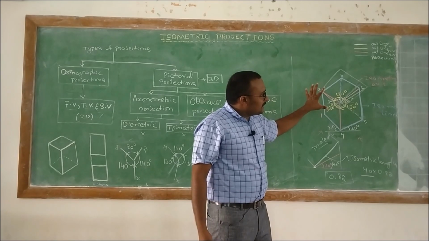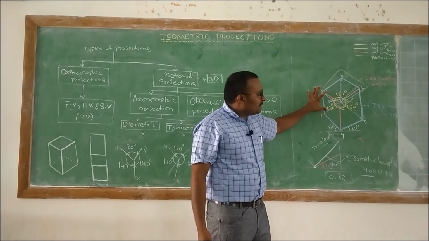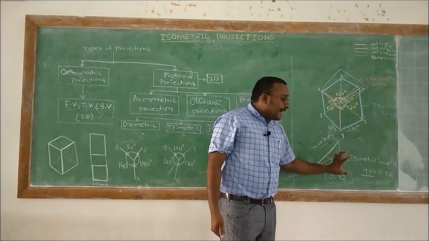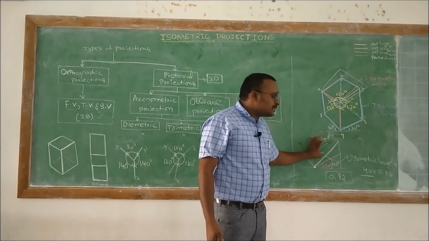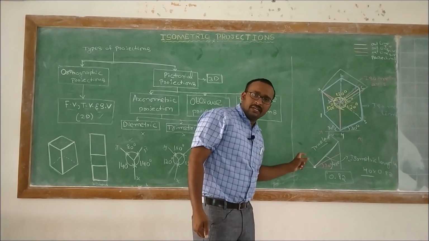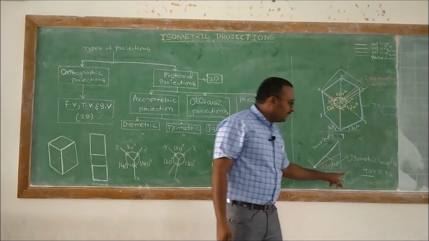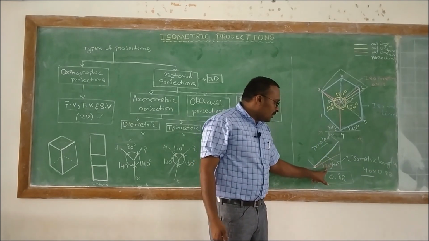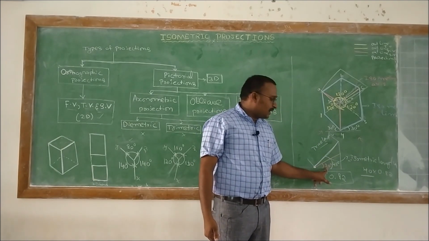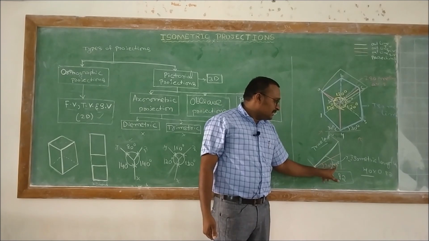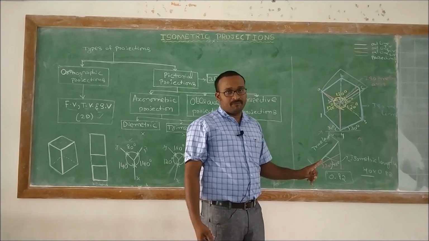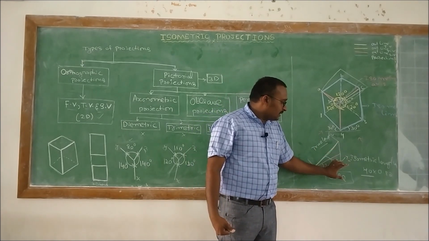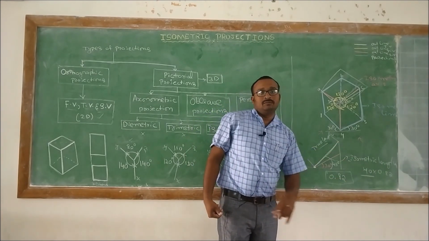That's a major important thing in this topic. The ratio of the isometric length to the true length will be about 0.82 because it is cos 30, 1 by cos 30 and then 1 by cos 45.